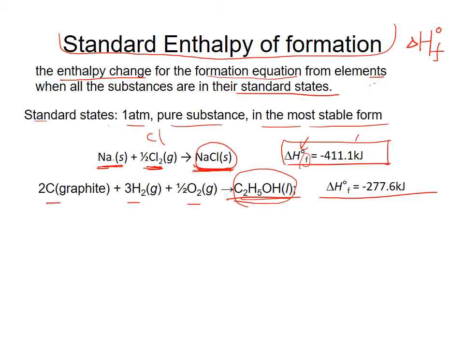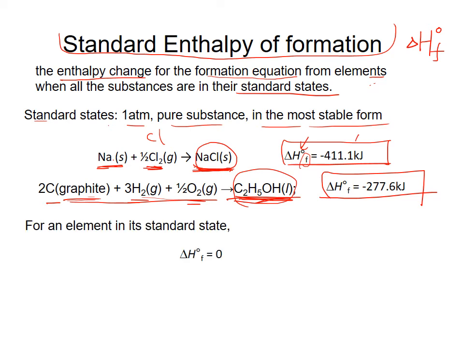The most stable form for carbon is graphite, for hydrogen is H2, the hydrogen molecule, and for oxygen is O2. These are all at the standard state, and when these elements combine, they give you ethanol. The enthalpy change is called the standard enthalpy of formation.